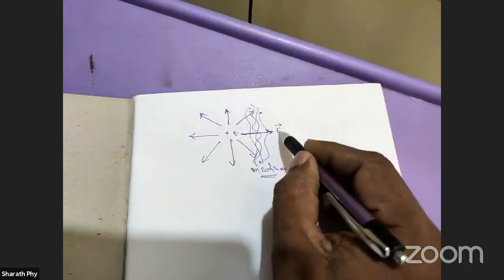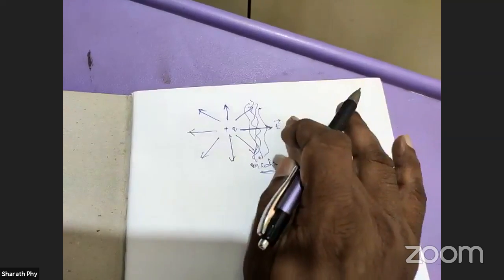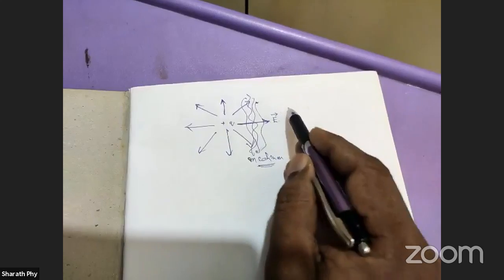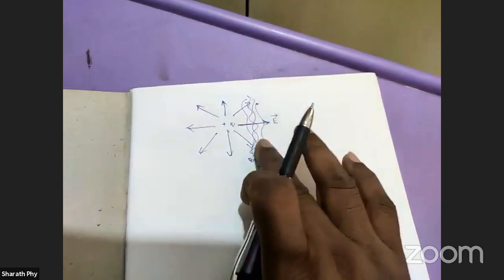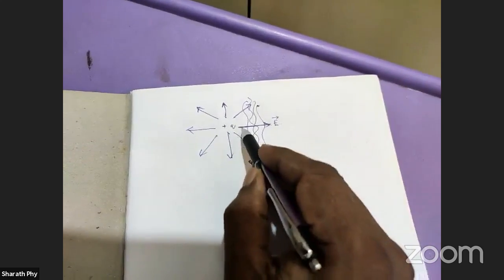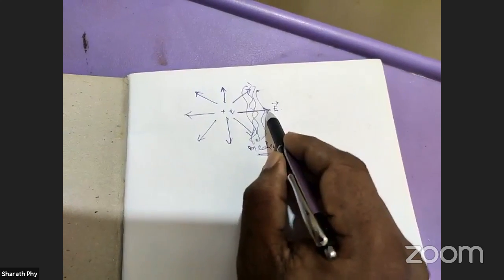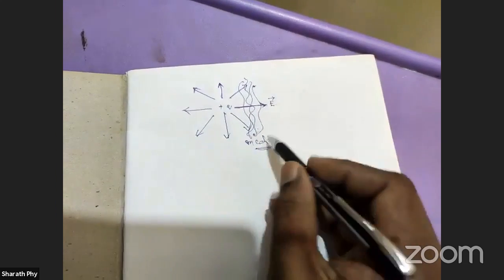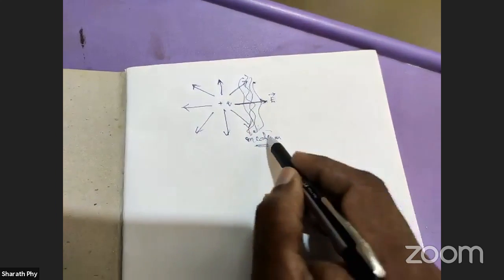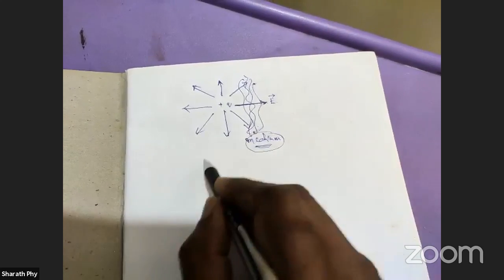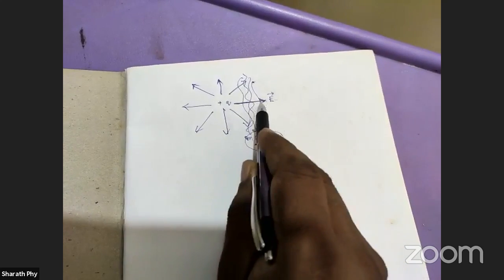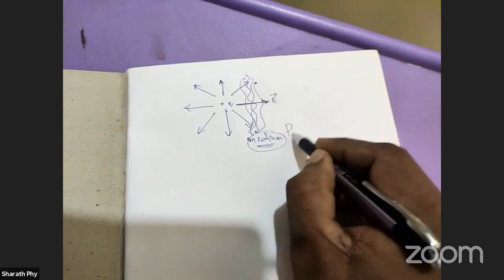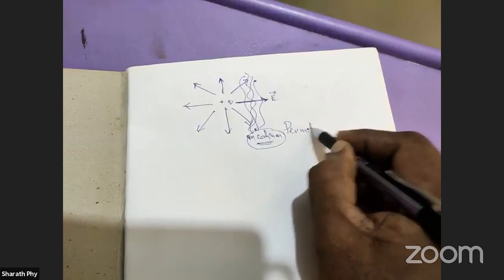So here, we want to calculate the effect of the electric field. Before this electric field reaches this place, it has to go through this medium. If this medium allows this electric field line, then only this effect will be prominent at this place. This property of the medium which allows electric field lines through it is called permittivity.